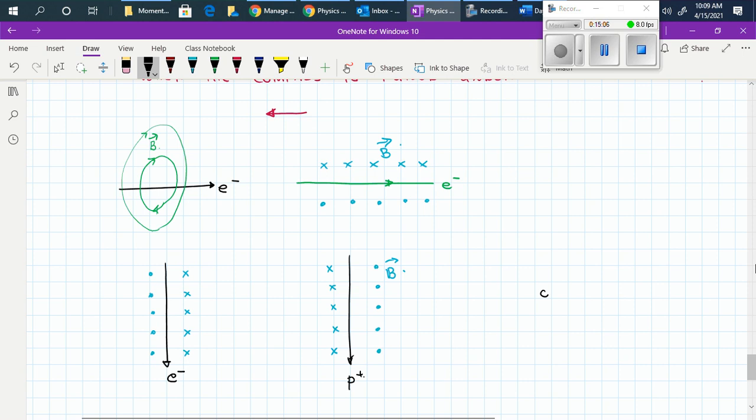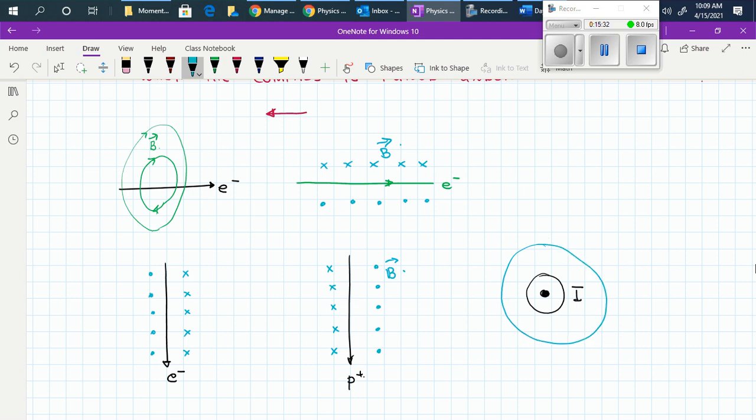Therefore, if we have protons, or the intensity of the current coming out of the page, then you will switch the direction if you're using the left-hand rule. So you will go into the page, and then the magnetic field will be circles because they are continuous lines.